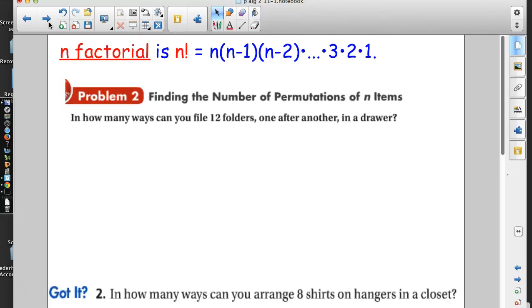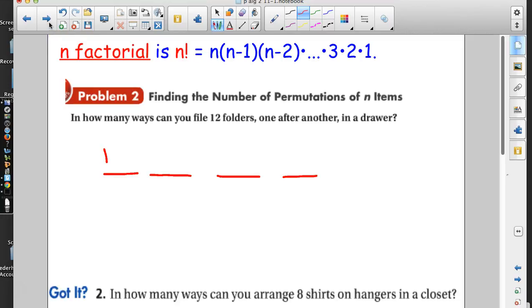So this says finding the number of permutations of n items. Got 12 folders sitting in front of you. In how many ways can you file 12 folders one after another in a drawer? You certainly could do this with slots, but you'd get going and you'd realize, wait a minute, I'm going to do that all the way down to 1. That's going to be factorial.